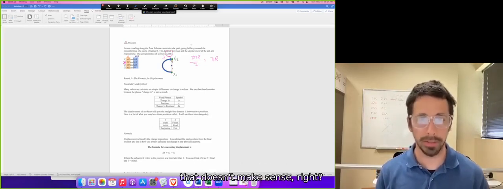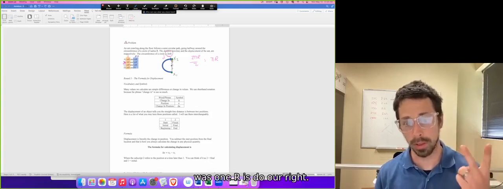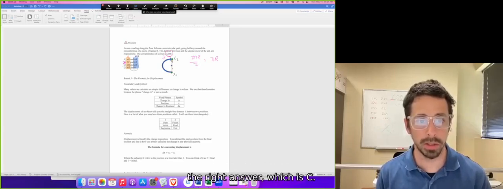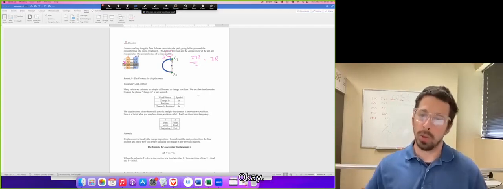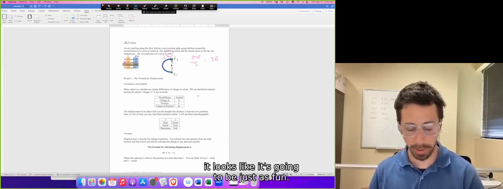If that doesn't make sense, there's R, 1R plus 1R is 2R. So that leaves us with the right answer, which is C. All right. Whew. Okay, let's keep going because round 3 looks like it's going to be just as fun.